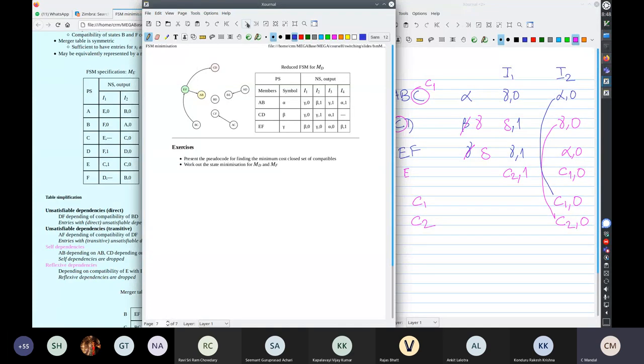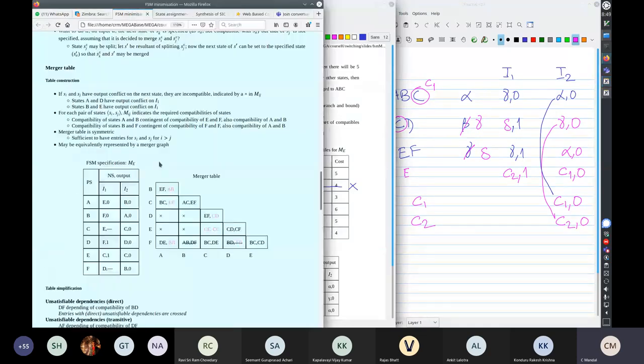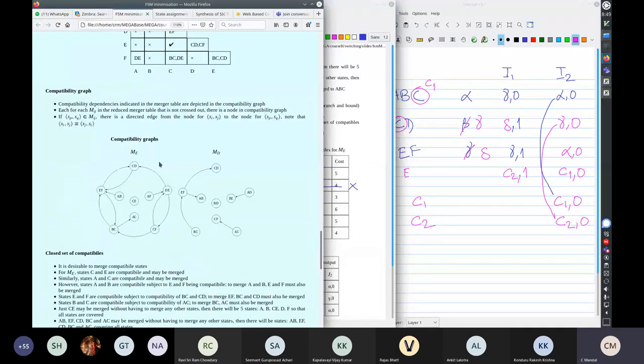Okay. So why don't you do one thing? Why don't you take up MD? You can just take it up as an exercise now. MD. So this is the compatibility graph for MD.